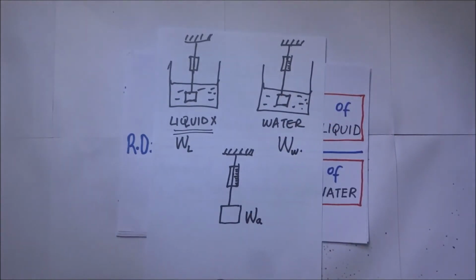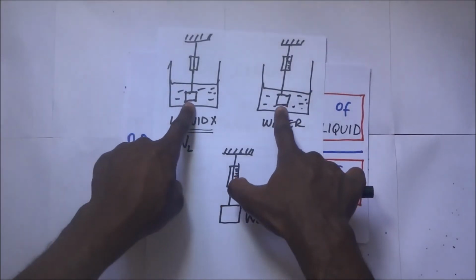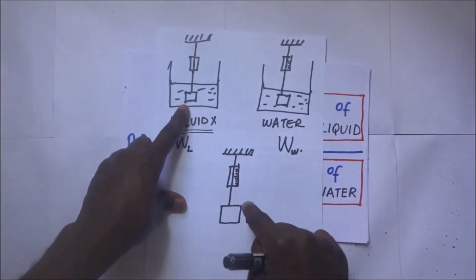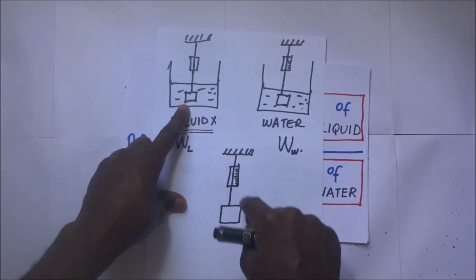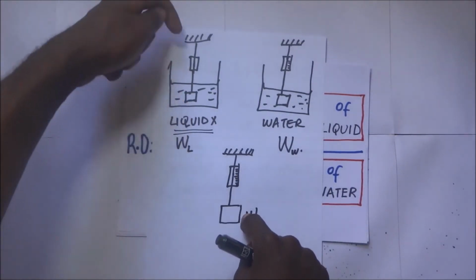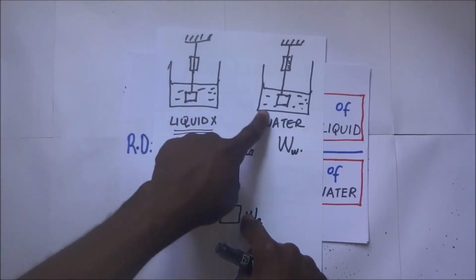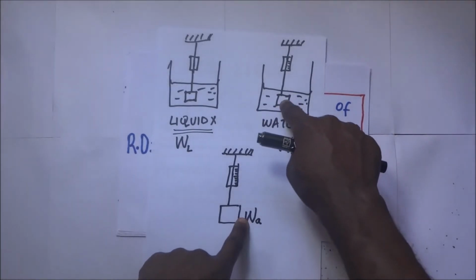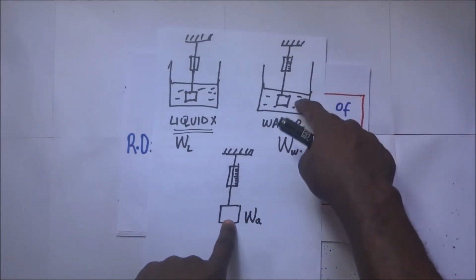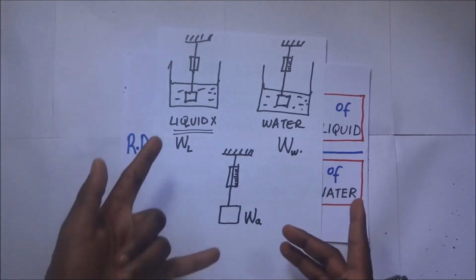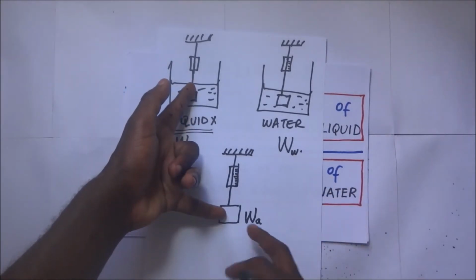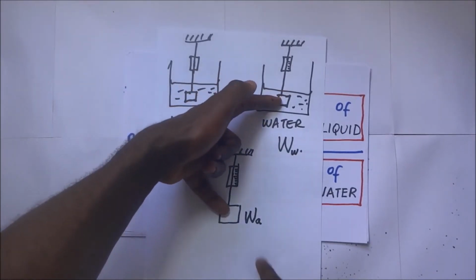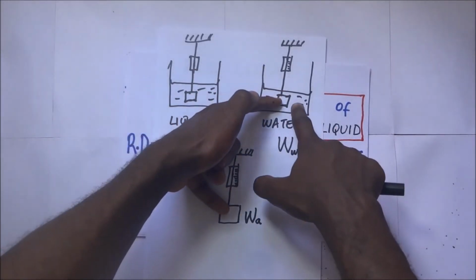And of course, remember, because of the upthrust force in these containers, the weight in air is always going to be greater than the weight when this thing is immersed in this liquid, and the weight in air is also always going to be greater than the weight of this same solid when it is immersed in water. So what does that mean? It means that there is an apparent loss when this thing was dropped in liquid, and there's also going to be an apparent loss in weight when this solid was dropped in that water.